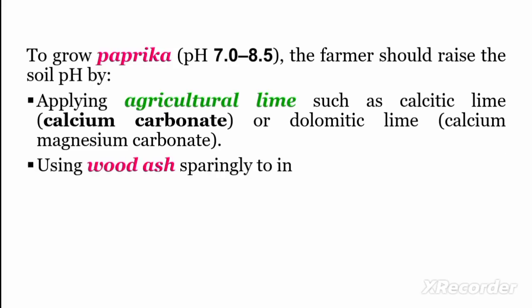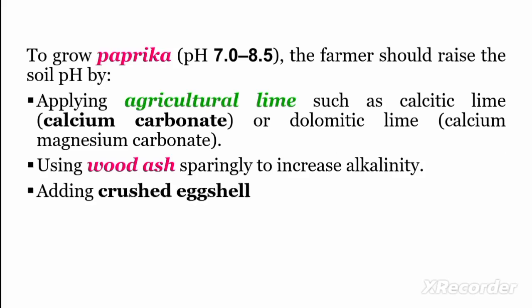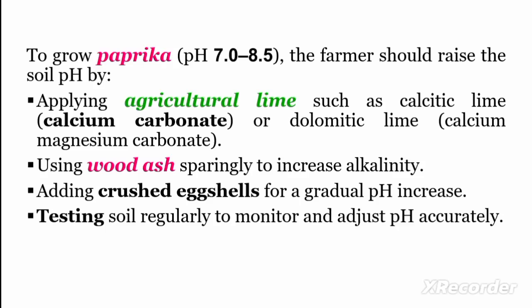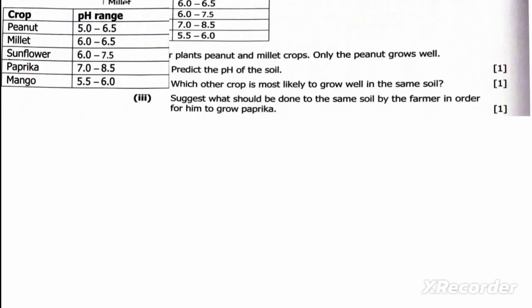Okay, or using wood ash sparingly to increase alkalinity, or we can add crushed eggshells for gradual pH increase. So all these are alternative measures that we can consider to increase the pH of the soil suitable for paprika.